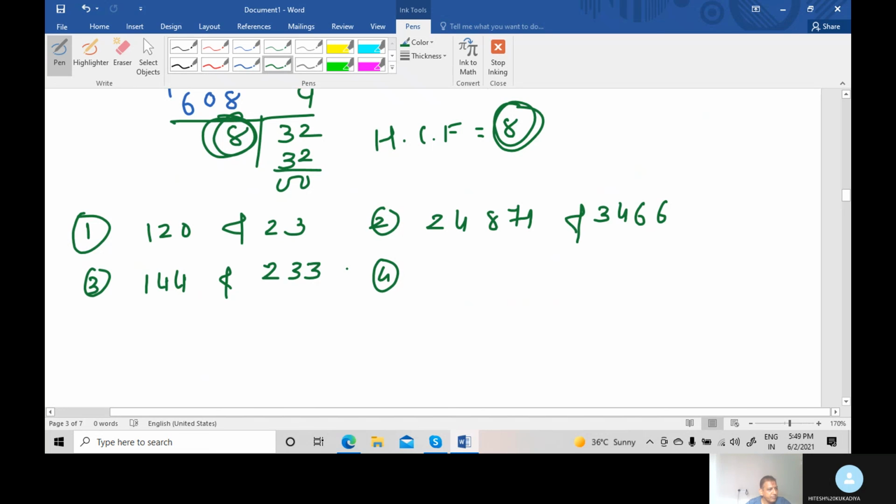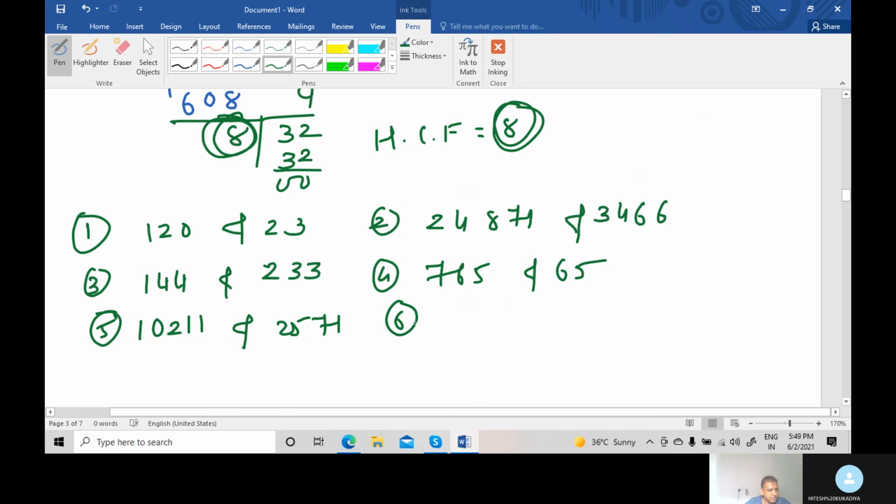Fourth question: 765 and 65. Fifth question: 10211 and 2571. Sixth question: 736 and 85. Seventh question: 330 and 65. Now practice these 7 sums.